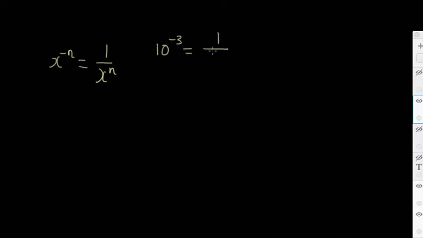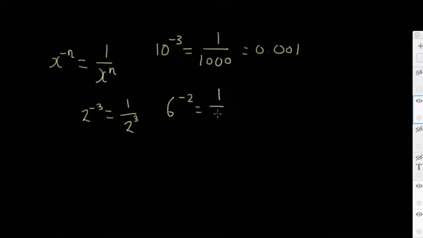So that's the same as 1 over 1,000, which is 0.001. This is the same idea. So let's think of a few examples. So say we had 2 to the power negative 3. That is simply 1 over 2 cubed, or 6 to the negative 2. That's 1 over 6 squared, which is 1 over 36.